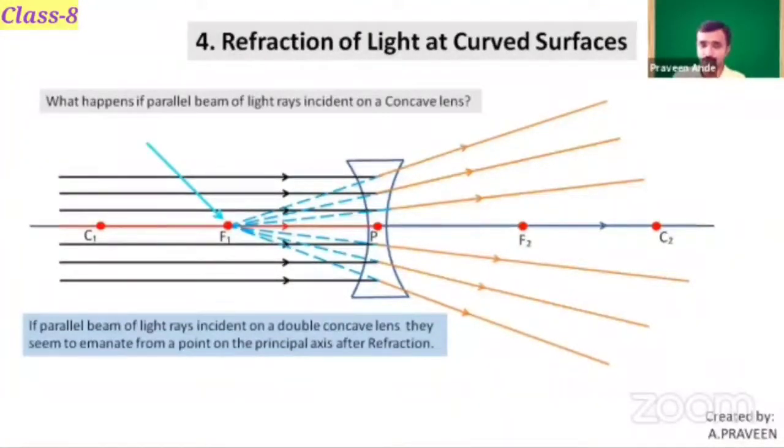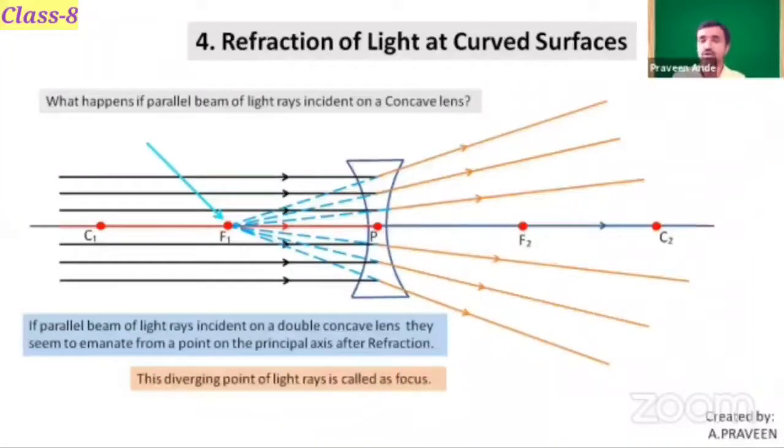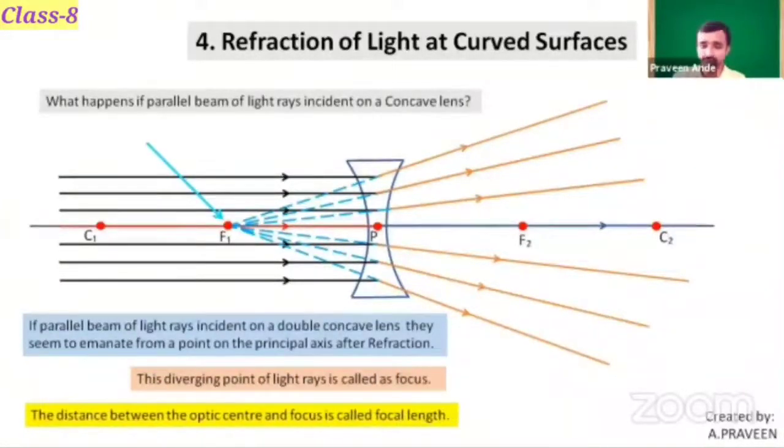We can find out the focus in the case of a concave lens by drawing the backward rays. Then that point, the diverging point, is called the focus. The distance between the optic center and the diverging point is called the focal length. So like this we can find it out.